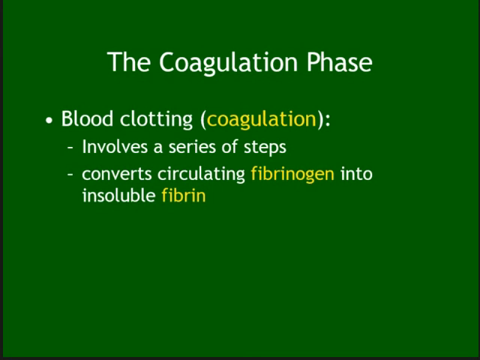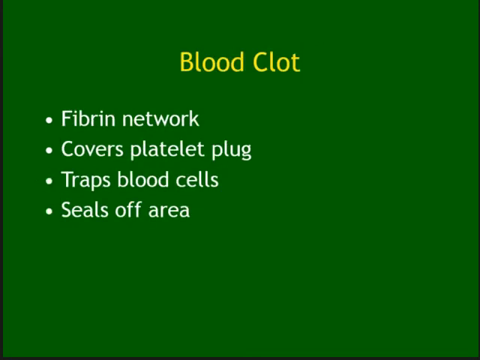So this is one of the plasma proteins. We have a lot of it in the blood, but in the form of fibrinogen. You can't have it in the form of fibrin, because fibrin will make clots everywhere in your blood. So it's always in the inactive phase. Fibrinogen does not do anything, just a plasma protein moving around. Only when you activate it to become fibrin, it will become fibers that will seal itself with the platelets, and this is how the coagulation process starts. So a fibrin network will cover the platelet plugs, trapping the rest of the blood cells, sealing the area.